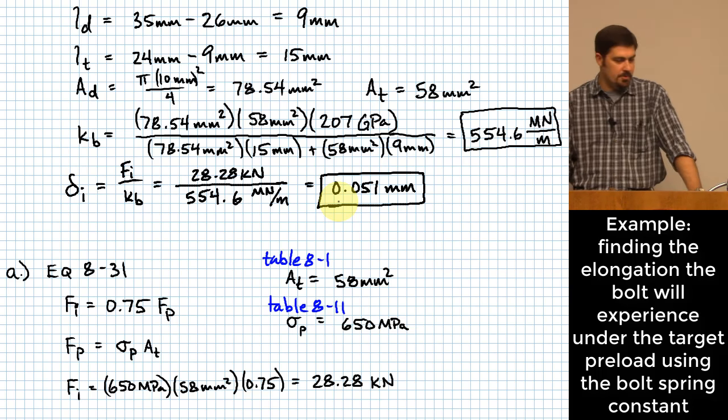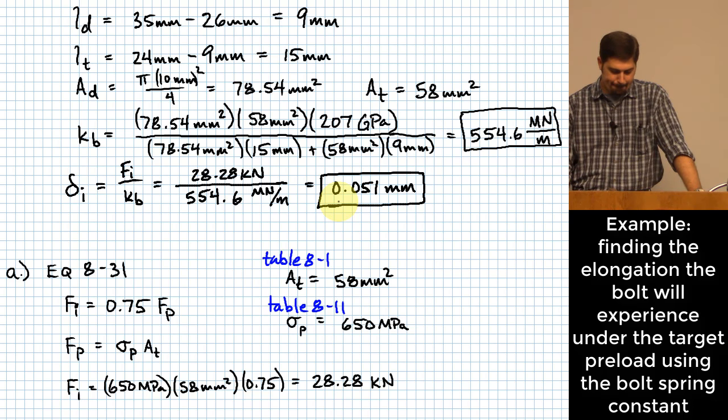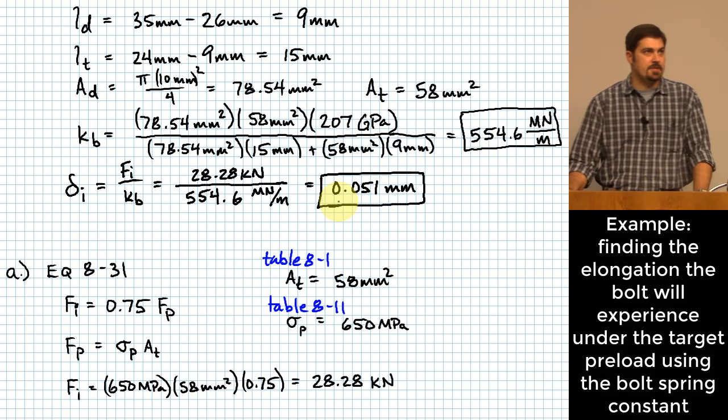All right, so you generate 28.28 kilonewtons of force in the bolt if you elongate it by 0.051 millimeters. Questions yet?